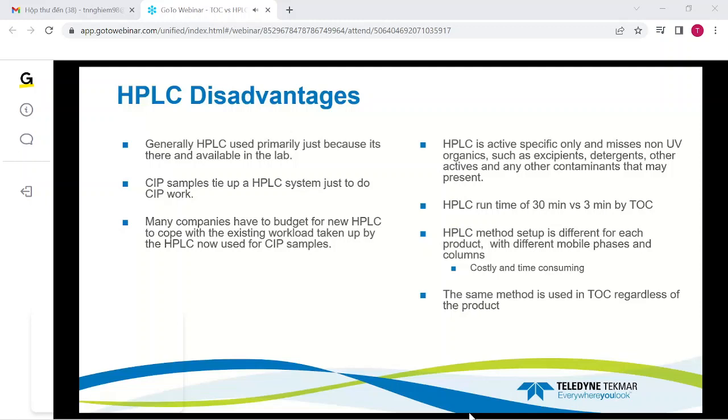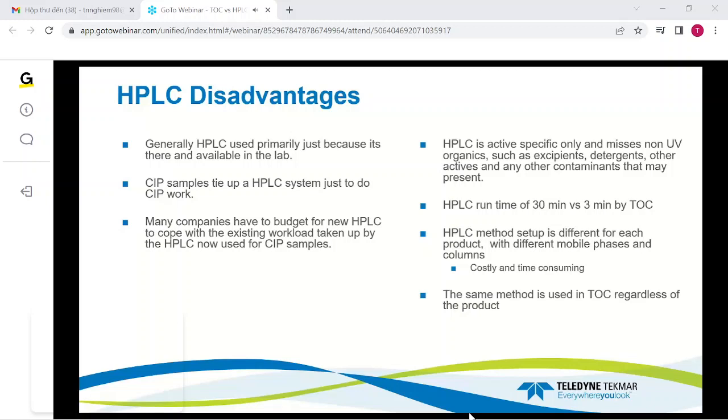Also, cleaning validation or CIP samples typically tie up to HPLC. So a lot of customers might need a dedicated system or a backup system, or other samples could be delayed. When we start looking at runtimes, HPLC standard runtime could be anywhere between 20 to 30 minutes, depending on methods.